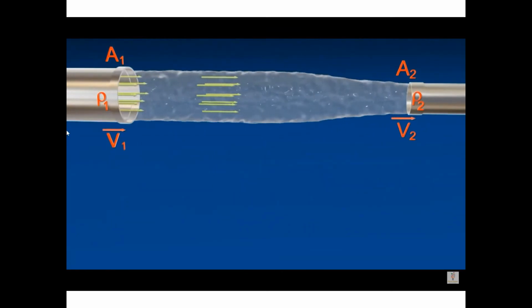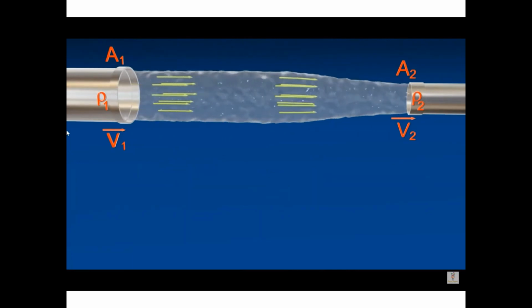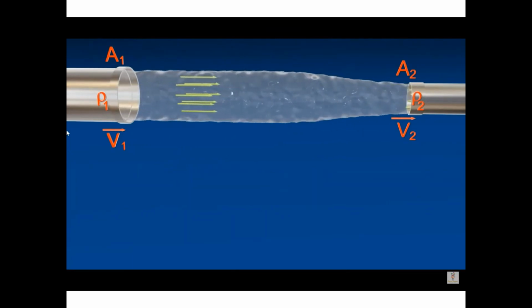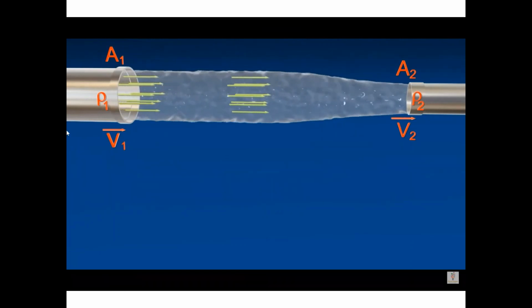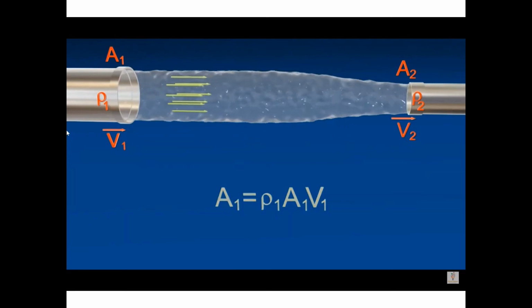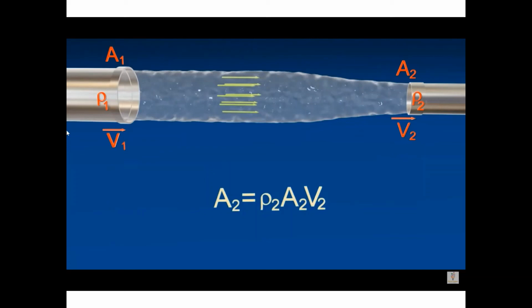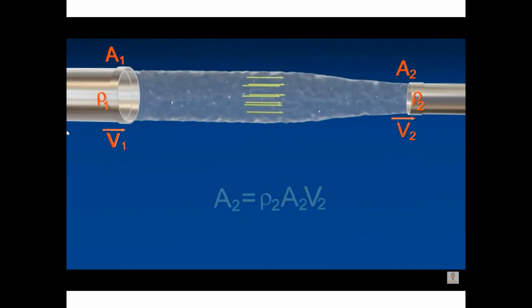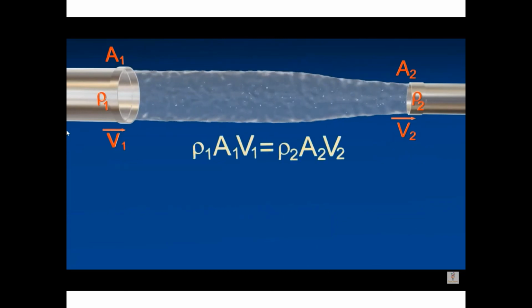The volume of water entering A1 per second and the volume of water leaving A2 per second. Therefore, the mass of liquid entering per second at A1 and the mass of liquid leaving per second at A2, assuming there is no loss of fluid in the tube, for an ideal fluid.